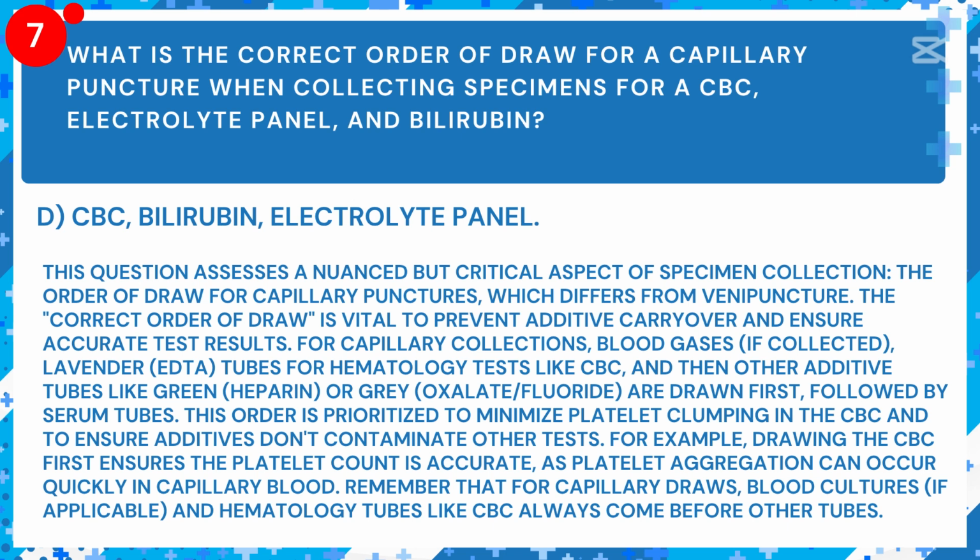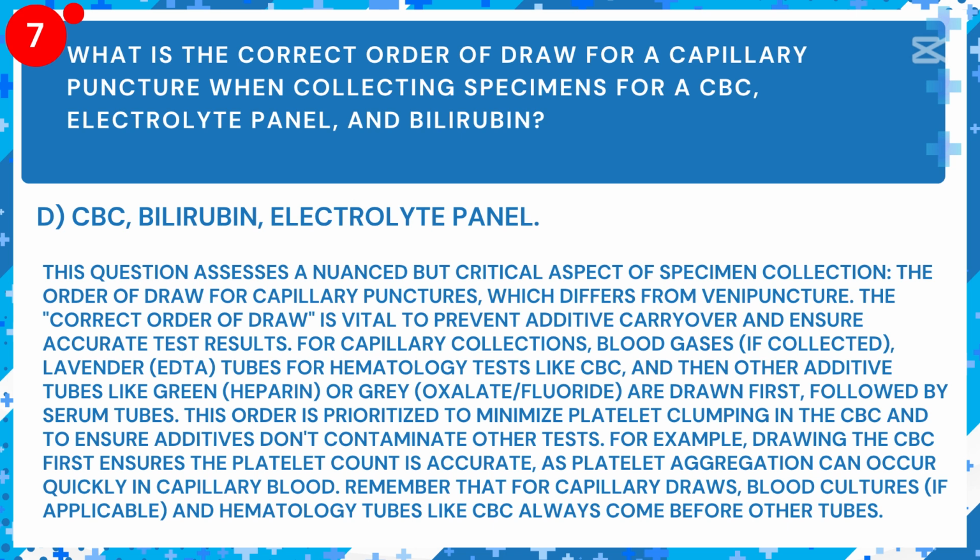For capillary collections, blood gases, if collected, lavender, EDTA, tubes for hematology tests like CBC, and then other additive tubes like green, heparin, or gray, oxalate/fluoride, are drawn first, followed by serum tubes. This order is prioritized to minimize platelet clumping in the CBC and to ensure additives don't contaminate other tests.